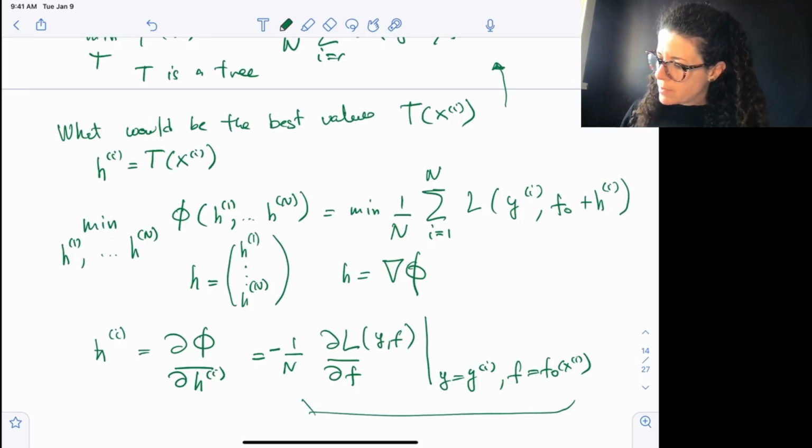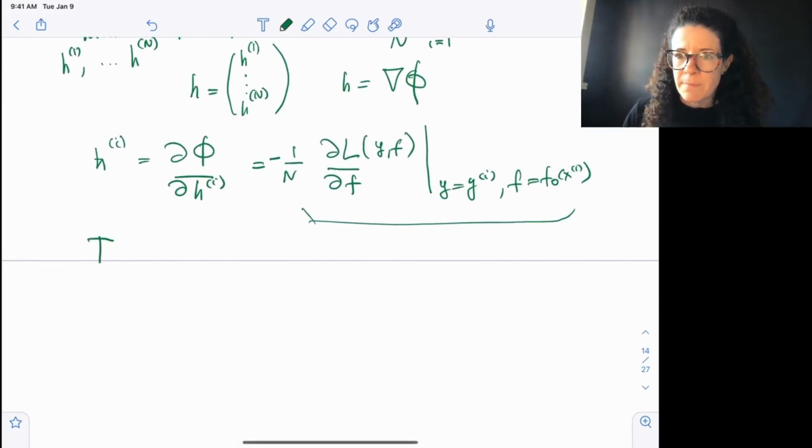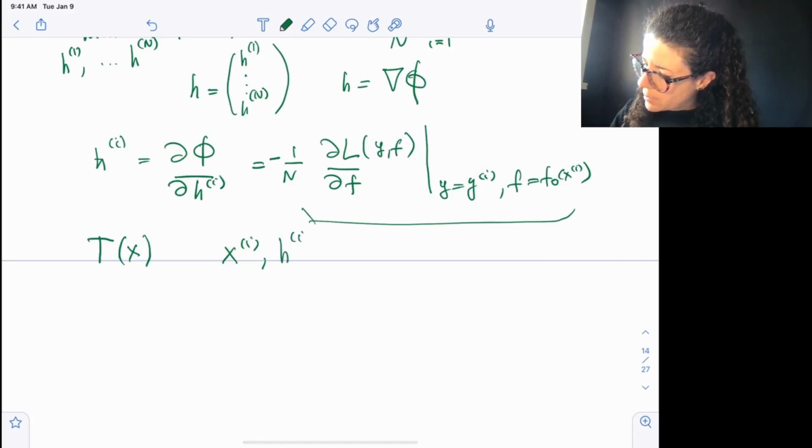The question now is that we need a tree t. Currently what we have is values for t in some points, in the training data, but we need t for every value x. So one possibility is to say, well, let's try to fit a tree to the data set xi comma hi.